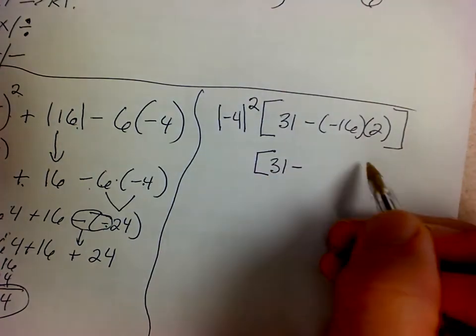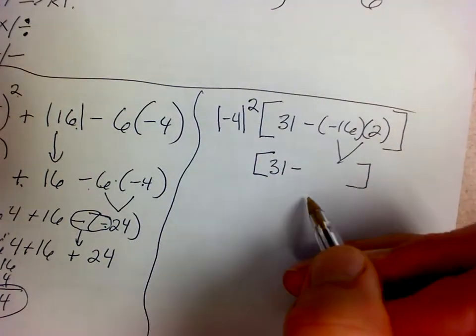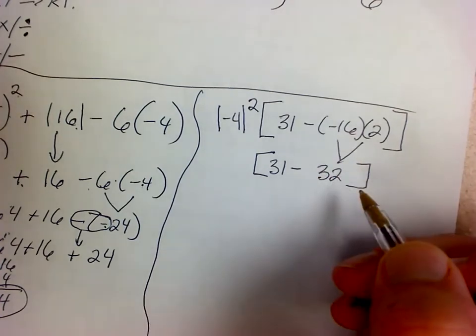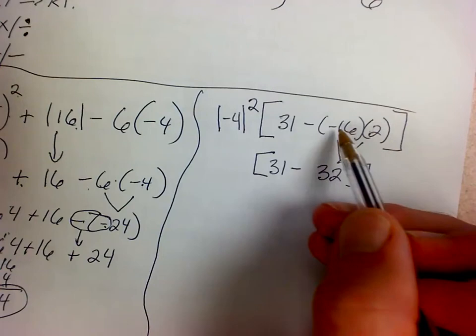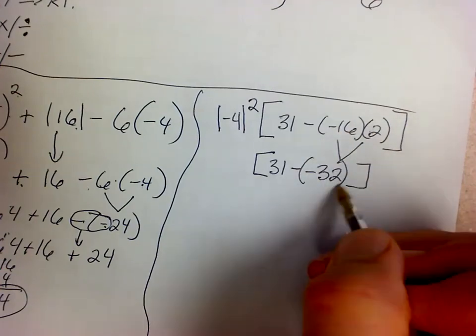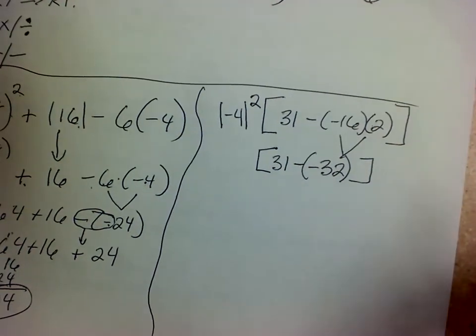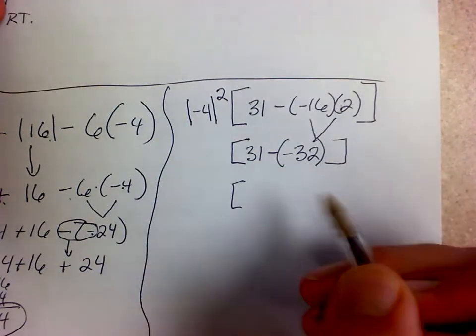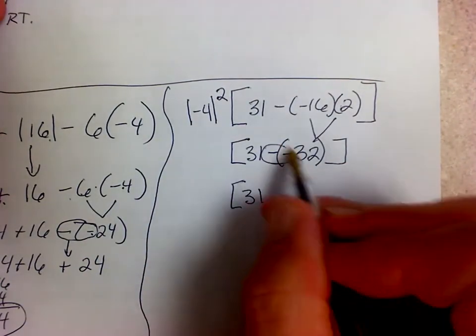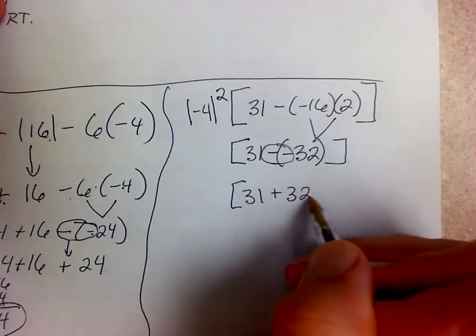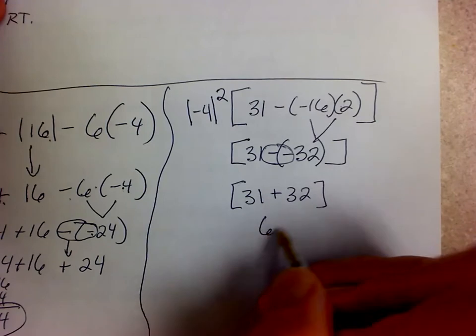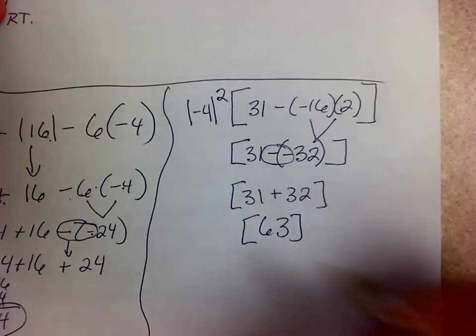Negative 16 times 2 is 32. A positive and a negative makes a negative 32. Then still inside our brackets, we have 31 plus 32. That would be 63.